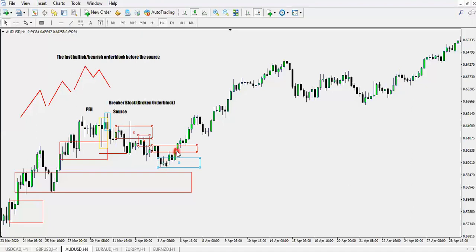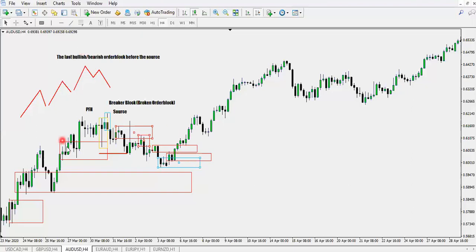Now notice price has then shifted and created a bullish order block over here. So this was our source, and a bullish order block was created right there, and price then rallied up.